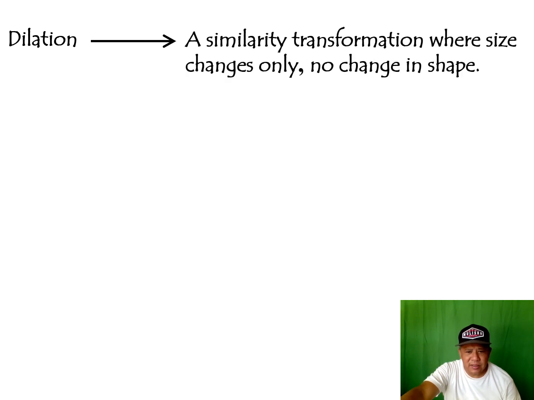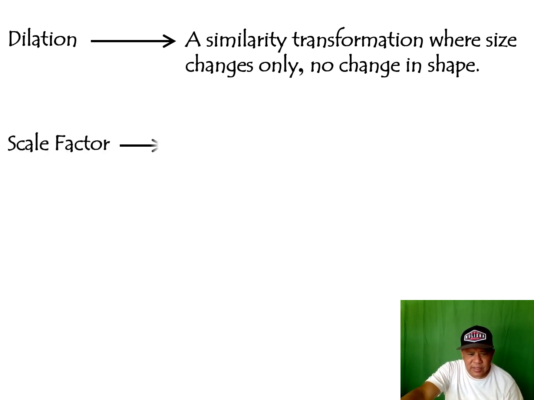Now let's go back to something that we learned a while back when it came to transformations. If you remember, I talked about dilations, and a dilation is a similarity transformation where there is no change in shape, it's only a change in size. So a similarity transformation where size changes only, no change in shape.